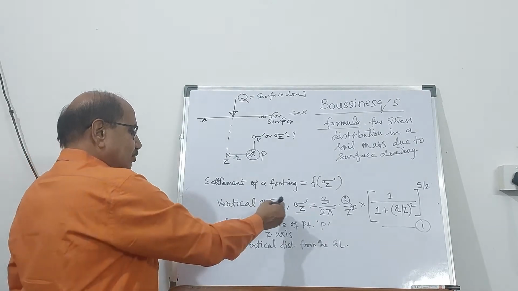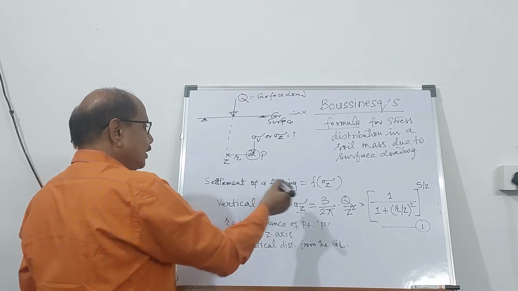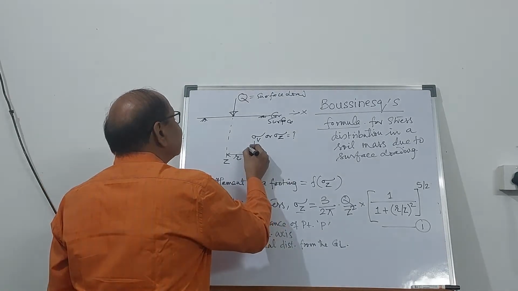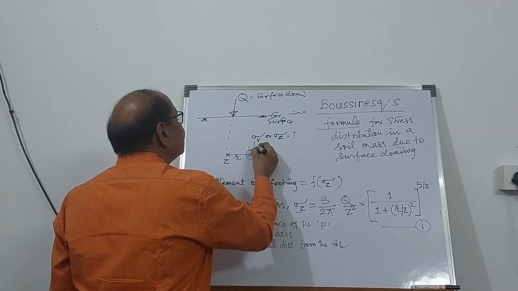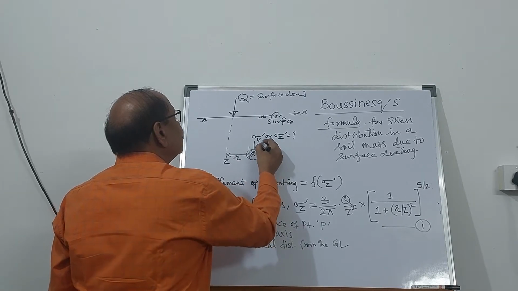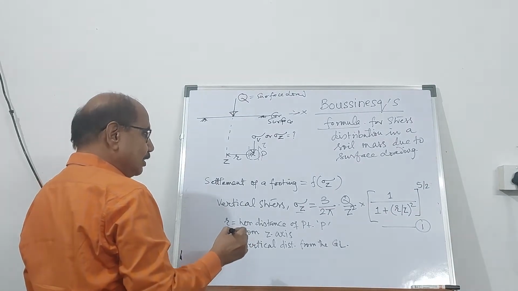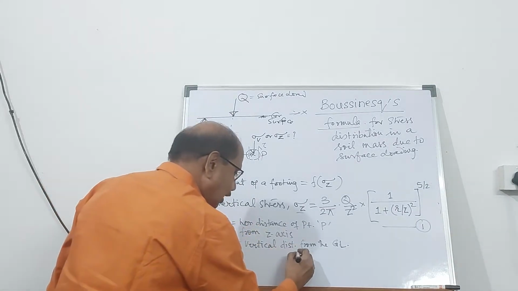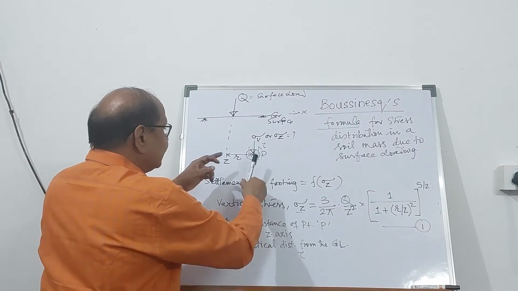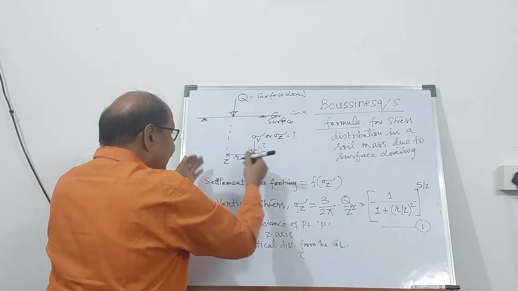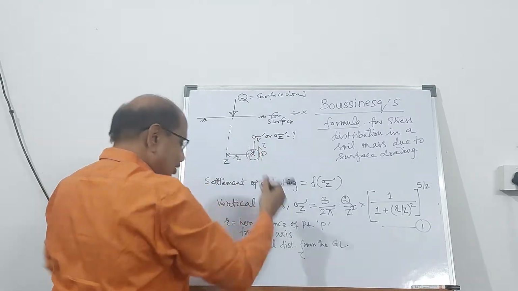So this famous expression is being used, and you can also find out here the shear. Shear can be designated by the symbol tau. So tau, and it is acting along the z direction and contained in a plane r z plane.